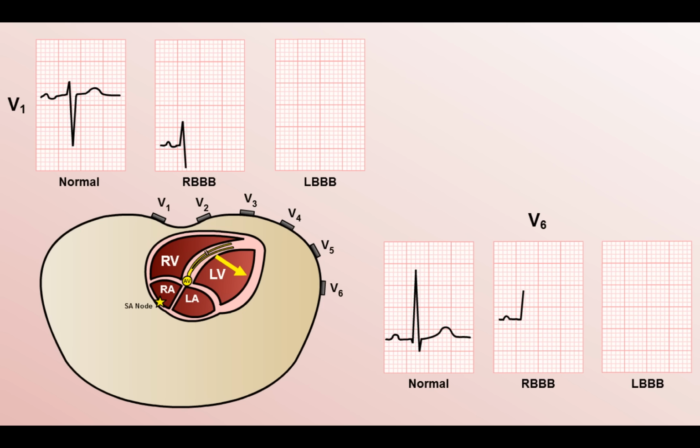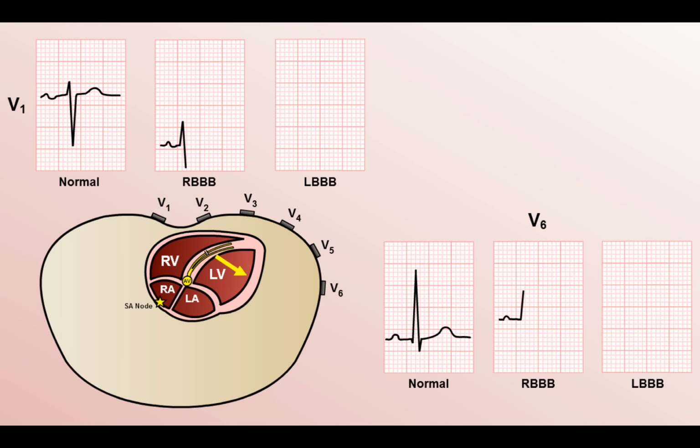In left bundle branch block, there is no left to right septal depolarization anymore. The septum may be depolarized first in a right to left manner, or may be depolarized later. Irrespective, the initial deflections are negative in V1 and positive in V6. There is then fast depolarization of the right ventricle, which is more or less concurrent with a slow depolarization of the left ventricle.